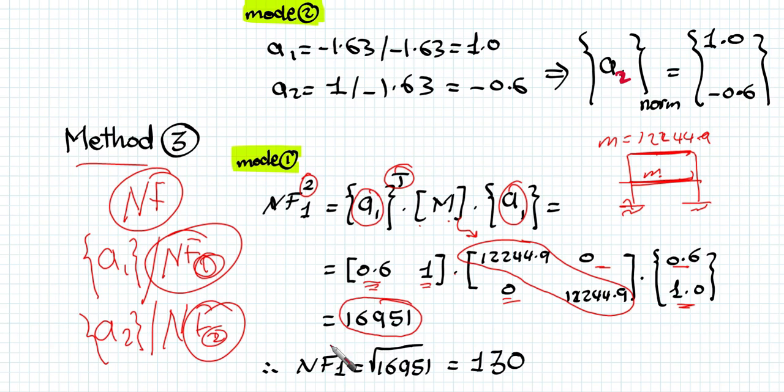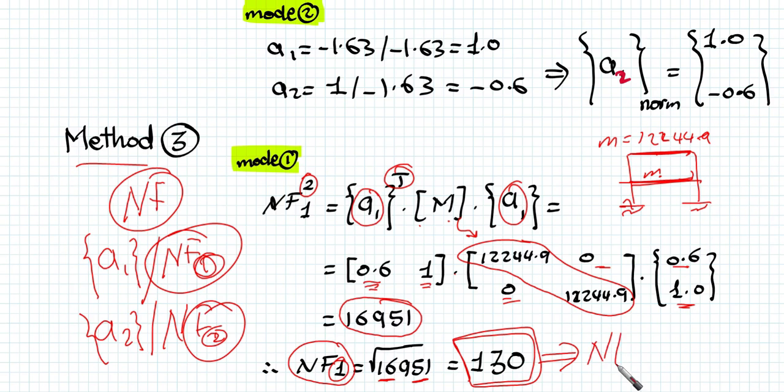Based on that, the normalization factor 1 equals the square root of 16.951, which is 130. So this is NF1 that is going to be used for normalizing mode shape 1.